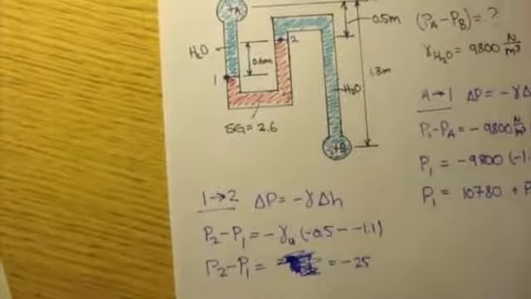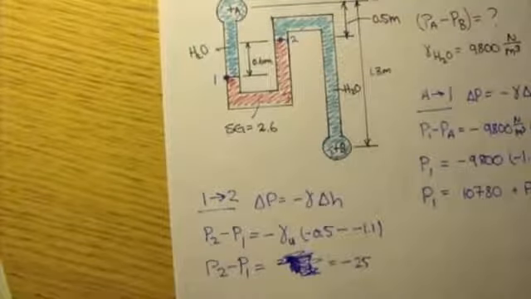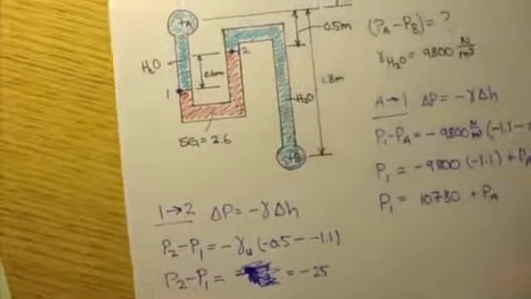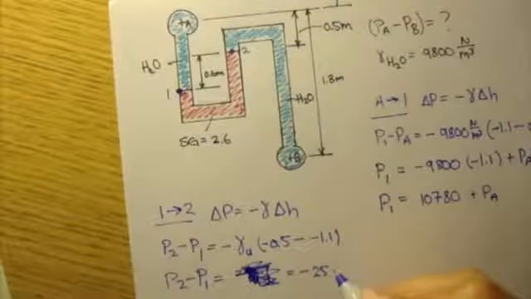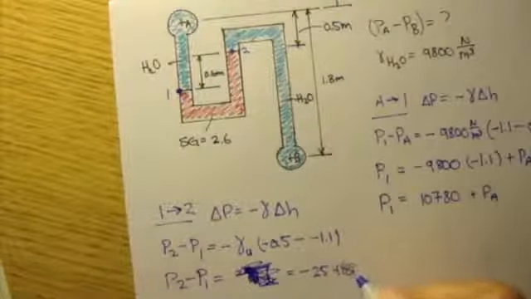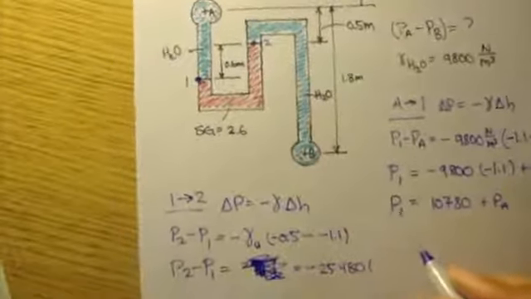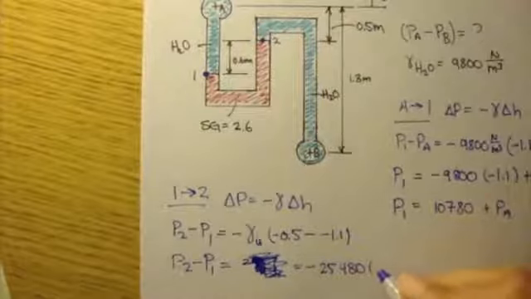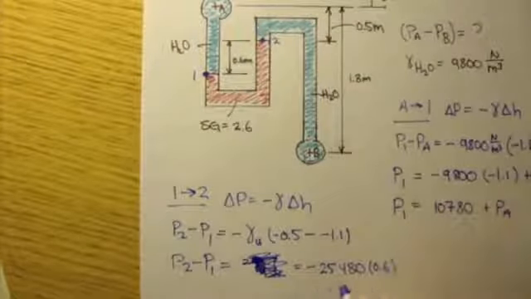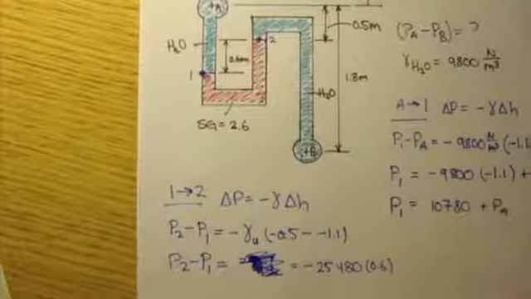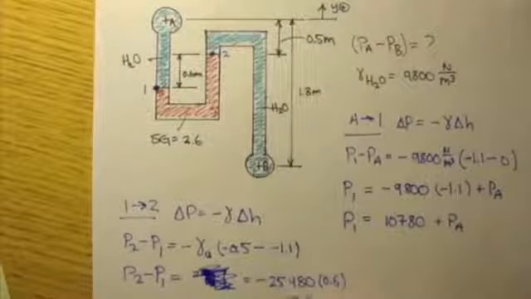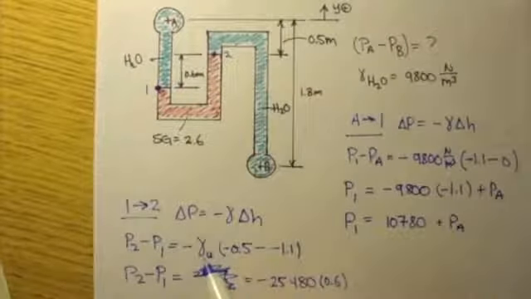oh, sorry, I forgot a little side note here. This should be equal to negative 25,480 times 0.6. Now, how did we get this 25,480? Well, that's our gamma of the unknown liquid.